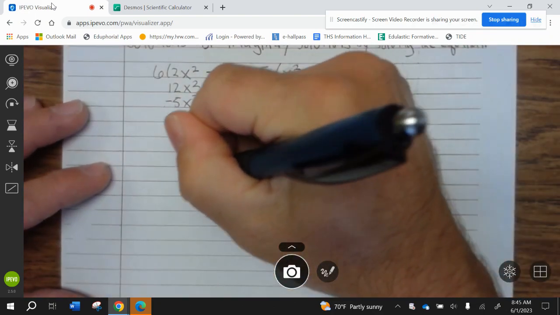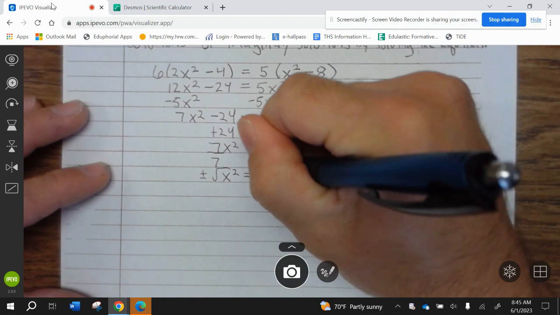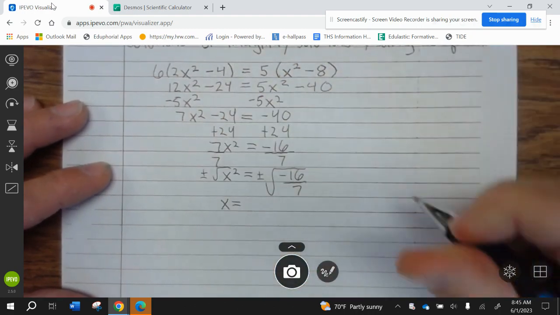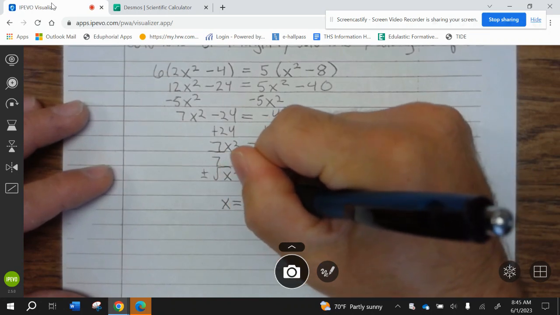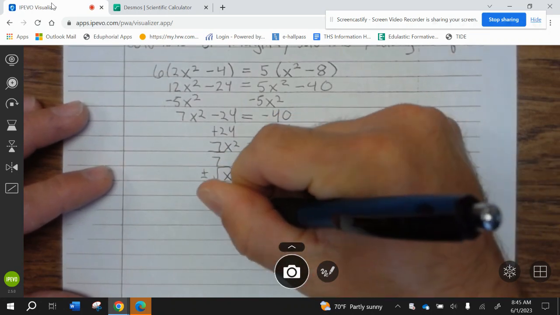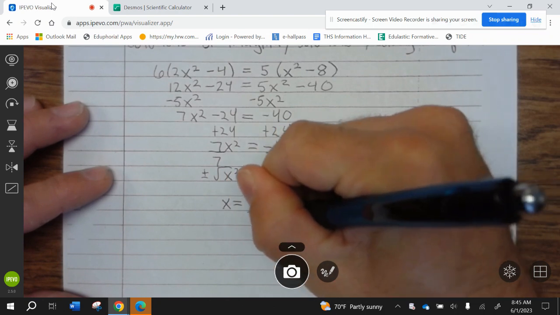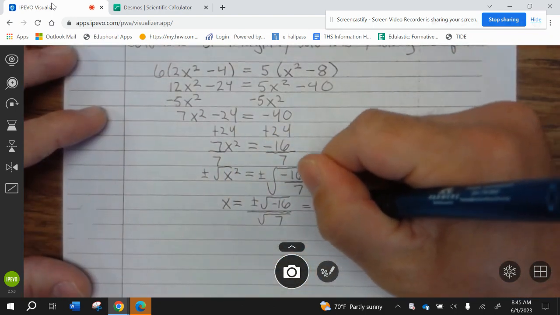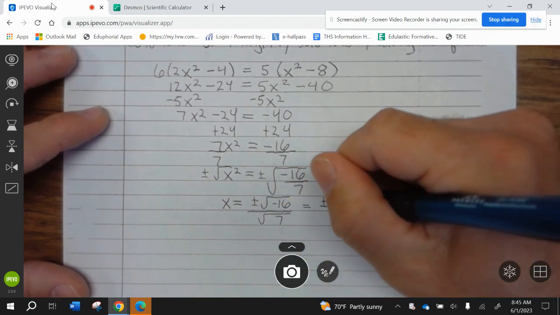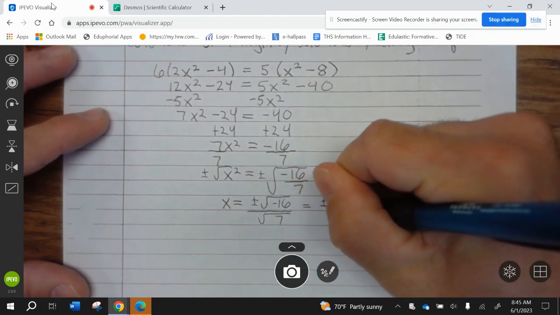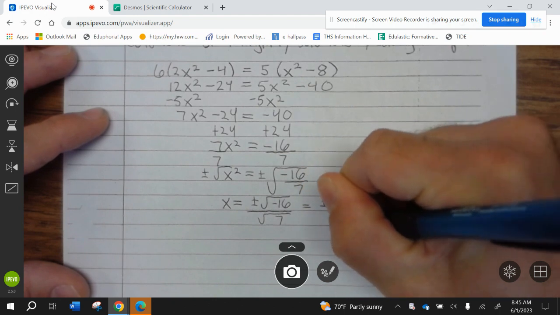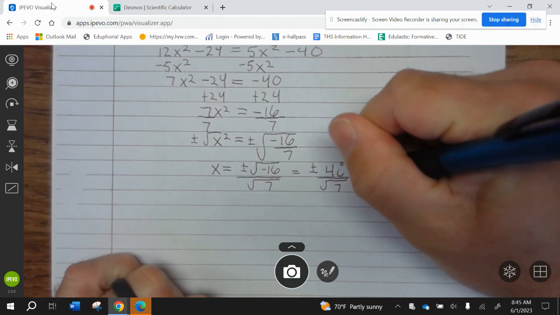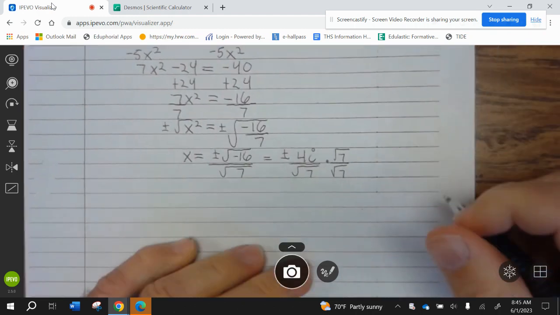Take the square root of both sides, plus or minus. So x equals plus or minus the square root of negative 16 divided by the square root of 7, which equals plus or minus, the square root of negative 16 is 4i divided by square root of 7. You can't have a square root in the bottom, so we need to multiply this by square root of 7 over square root of 7.